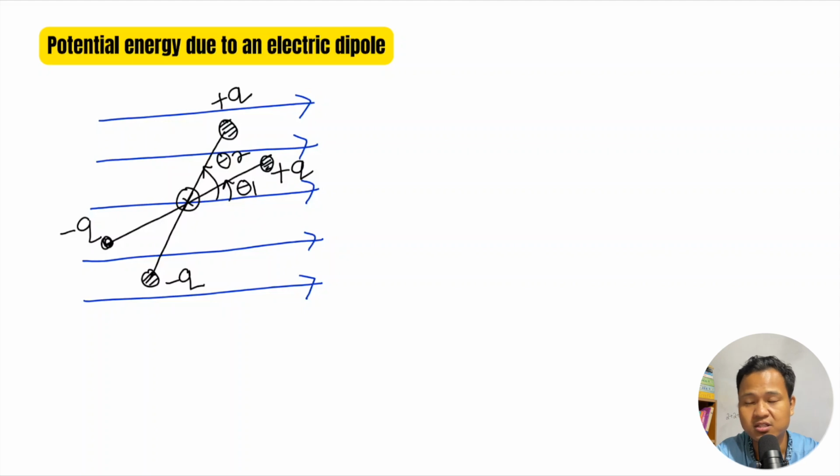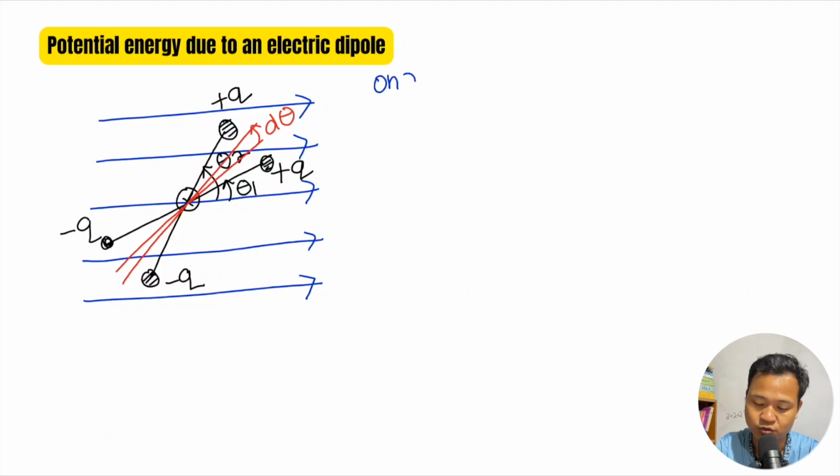For the work done derivation, we consider an intermediate point where we do some small work, then integrate. We're going to do the same thing here. So when I rotate by a small angle d theta, the work done is let's say dW.